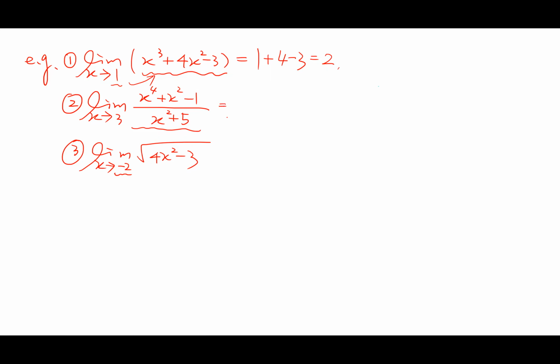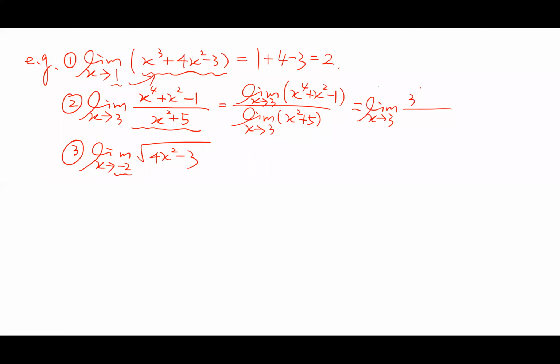And the second, we can use two ways. First we can write the limit as x approaches 3 of x to the power 4 plus x squared minus 1, divided by the limit as x approaches 3 of x squared plus 5. Or we can directly substitute the value: 3 to the power 4 plus 3 squared minus 1, over 3 squared plus 5.